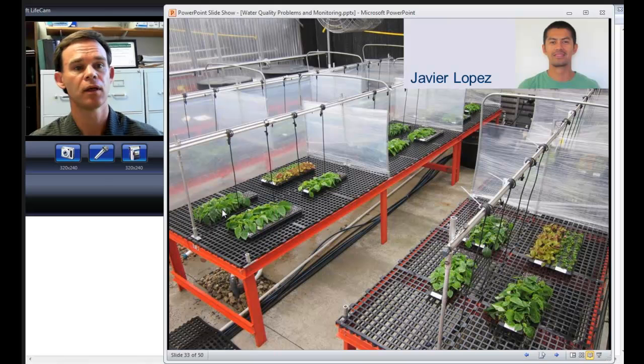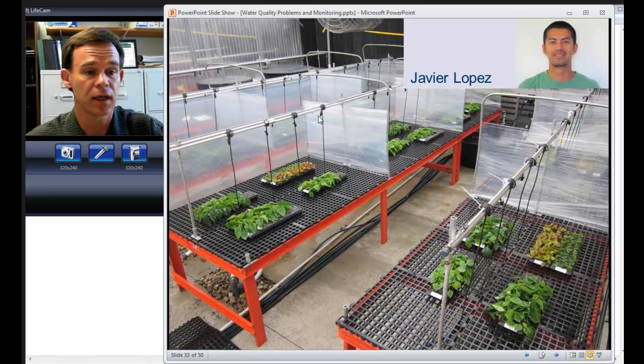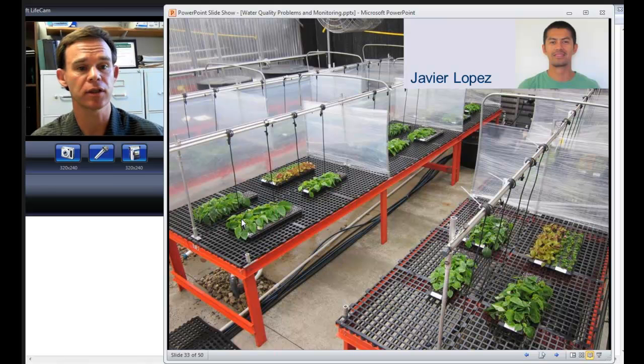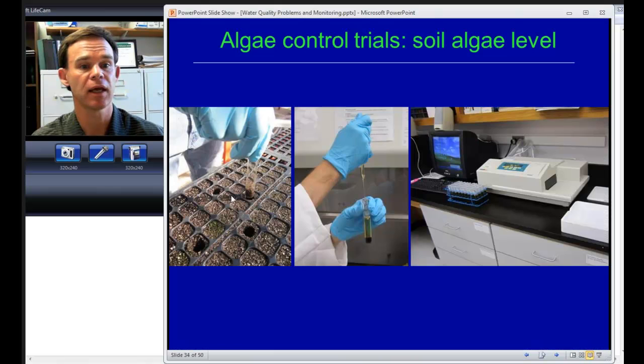What we do in the greenhouse in our research work, this is an example of a trial that Javier Lopez on my team is running. And here he's got some poinsettias and some coleus and torenia with different mist solutions going down onto crops. What he does is he takes a little plug of growing media after we've run these different solutions over time.